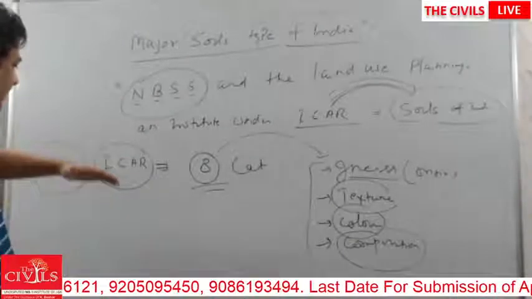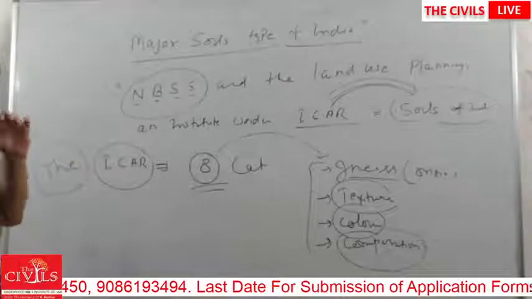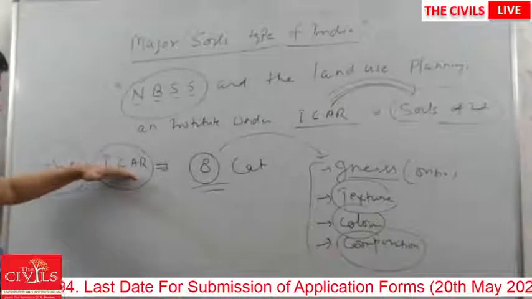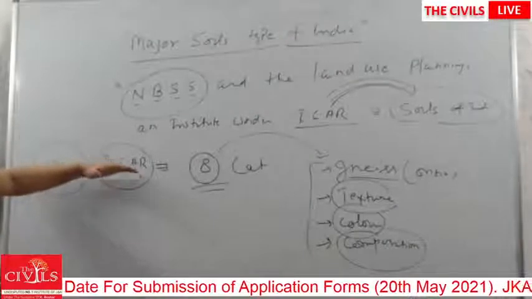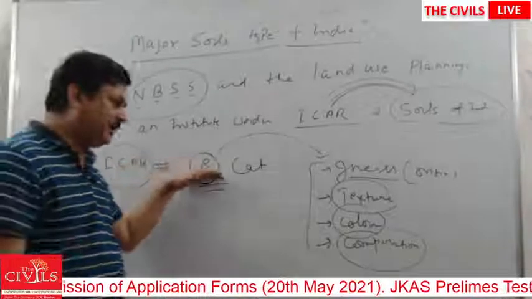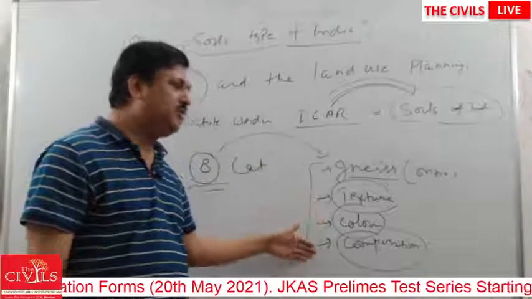ICAR is the premier institution of India responsible for agricultural research. This institution divided the Indian soil into 8 categories on the basis of origin, texture, color and composition.